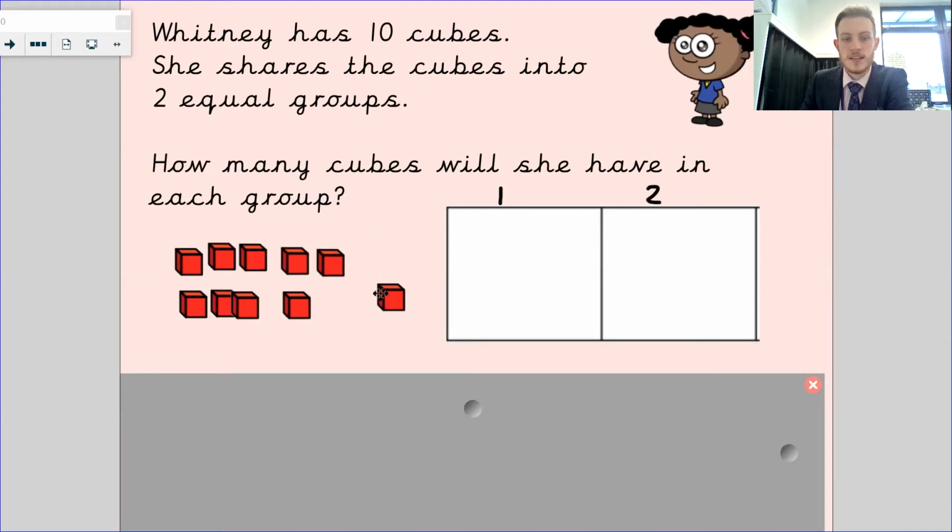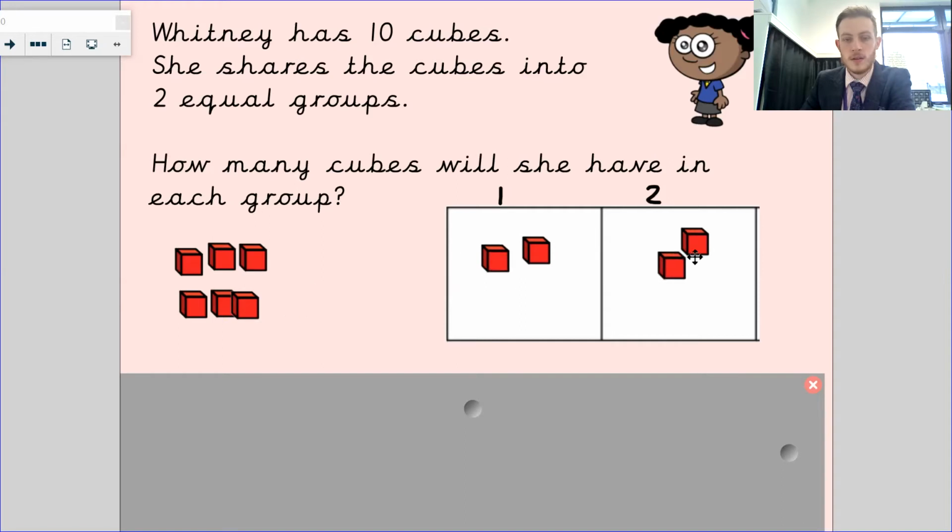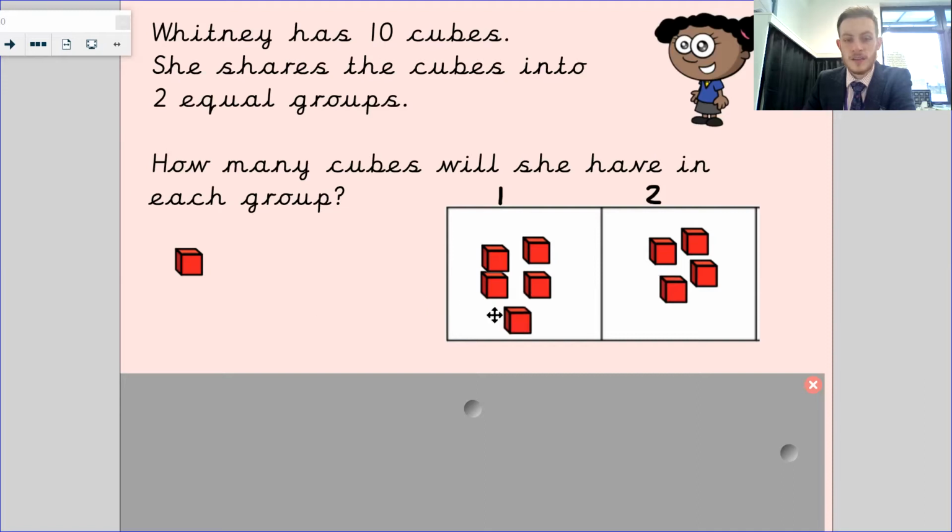The question says, can she share the cubes into 2 equal groups? So sharing, 1 in this one, 1 in that one, 1 in this, 1 in that. Now we've got 3 in that one, and 3 in that side. We've got 4 in this side, and 4 in this side. We've got 5 in this side, and 5 in this side. So there, I haven't got any more.